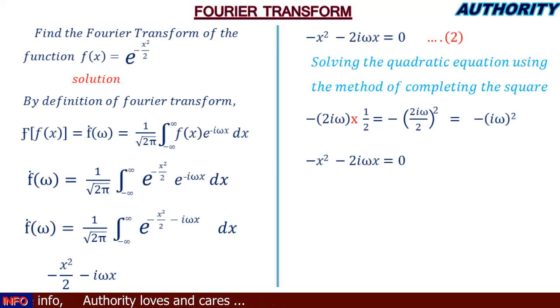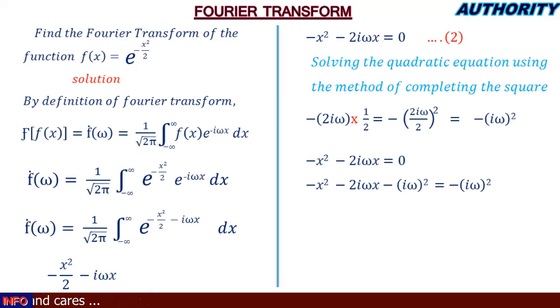Add it to both sides. When we add it to both sides, we are going to have minus x squared minus 2i omega x minus i omega in bracket squared equal to, in the right hand side, minus i omega in bracket squared.